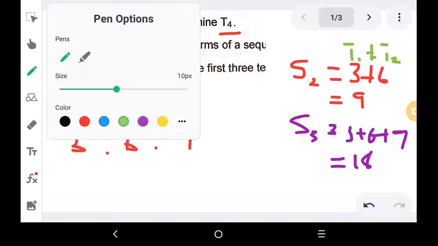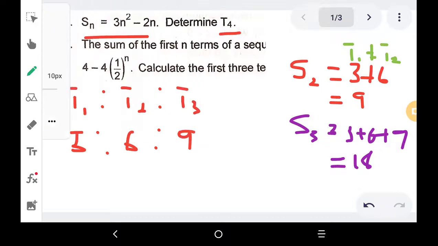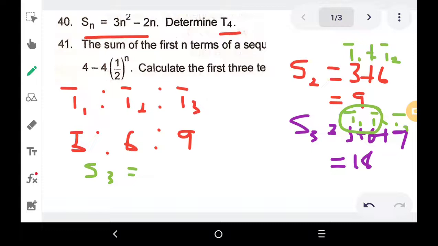But if we are to use the numerical values, it means that we have term number 1, term number 2, and term number 3. Now, term number 1 and term number 2 can be given as S2. If that's the case, I can also write S3 as 9, which is my S2, plus 9, which also gives me 18.